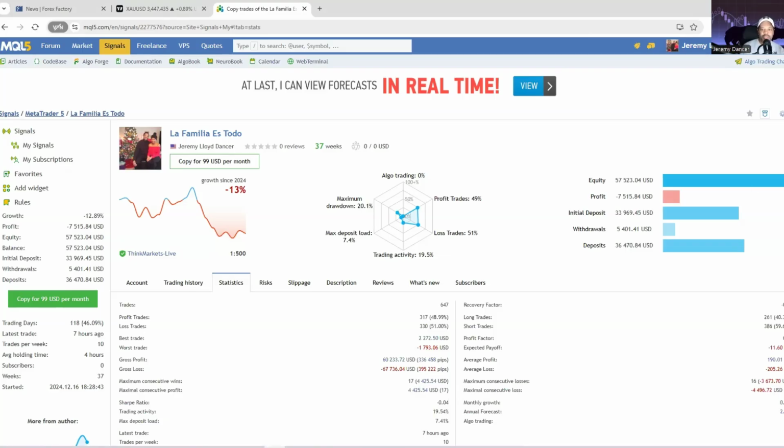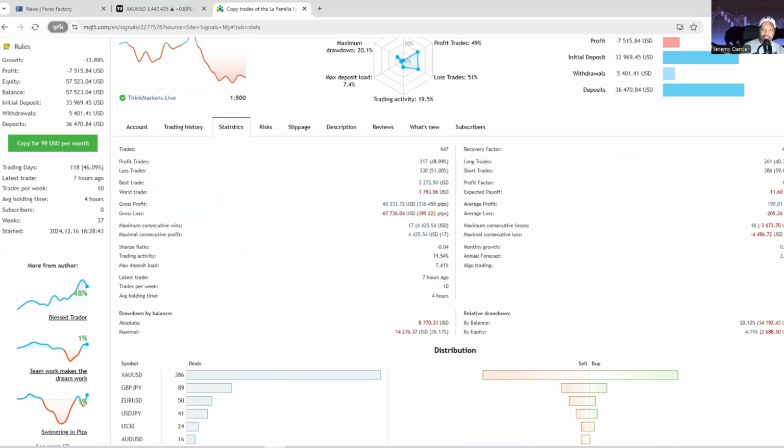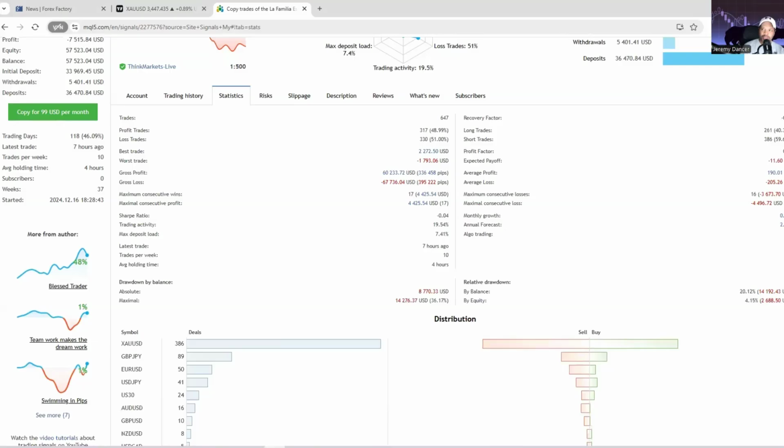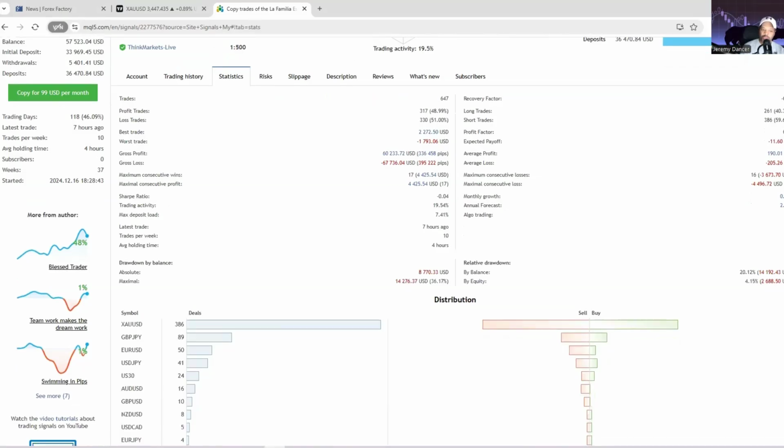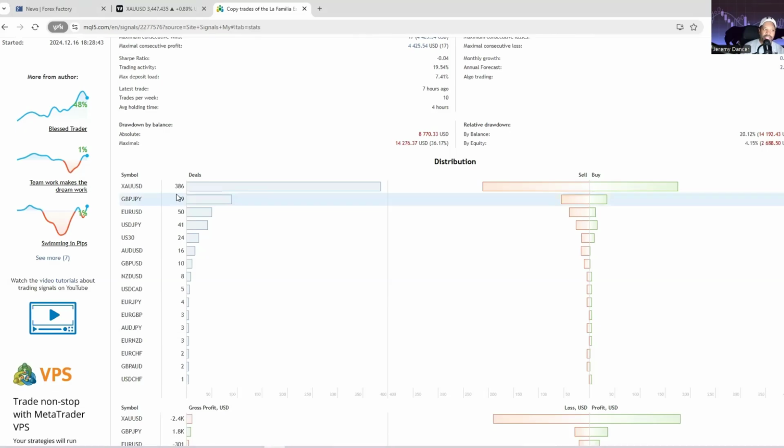Now, because this account is newer than the other one, it kind of got a bad rap when the market started going to crap when Trump took office. So we can see here, you know, 386 trades on gold. Massive, right?